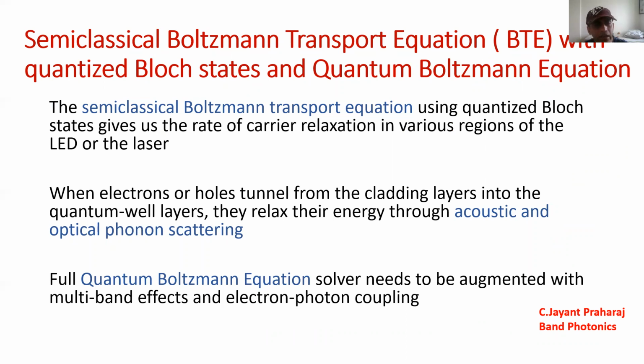You need to keep in mind that acoustic and optical phonon scattering and other relevant scattering mechanisms need to be taken into account. And sometimes you may need a full quantum Boltzmann equation solution, but that needs to be also augmented with multi-band effects and electron-photon coupling terms.